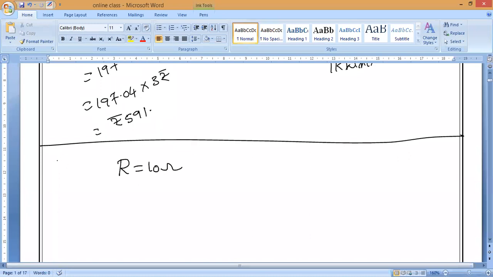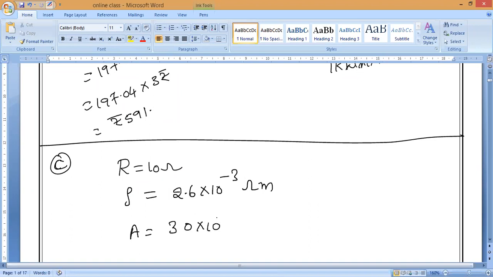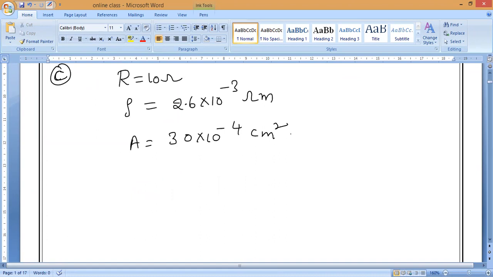So this is the question number C part. Resistance is equal to 10 ohms. Resistivity is equal to 2.6 into 10 power minus 3 ohm meter. Next, area of cross section directly given, 30 into 10 power minus 4 square centimeter. But it must be in meters.